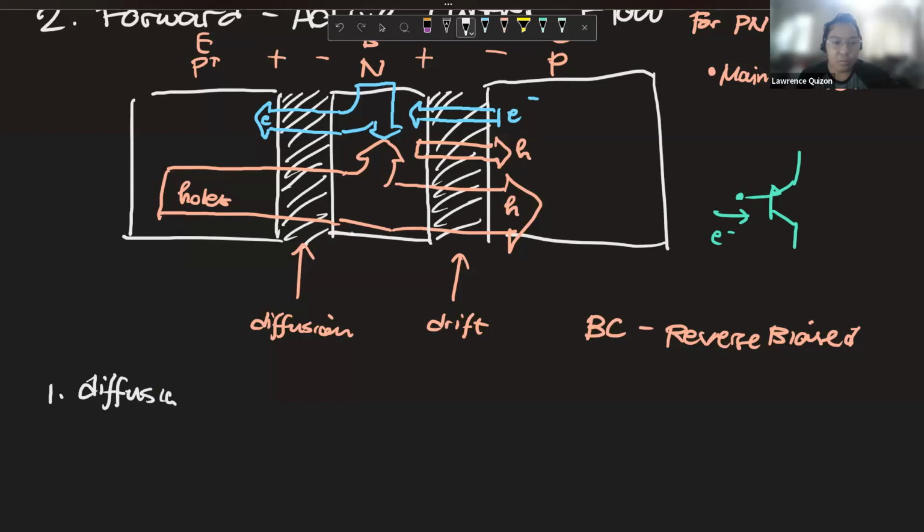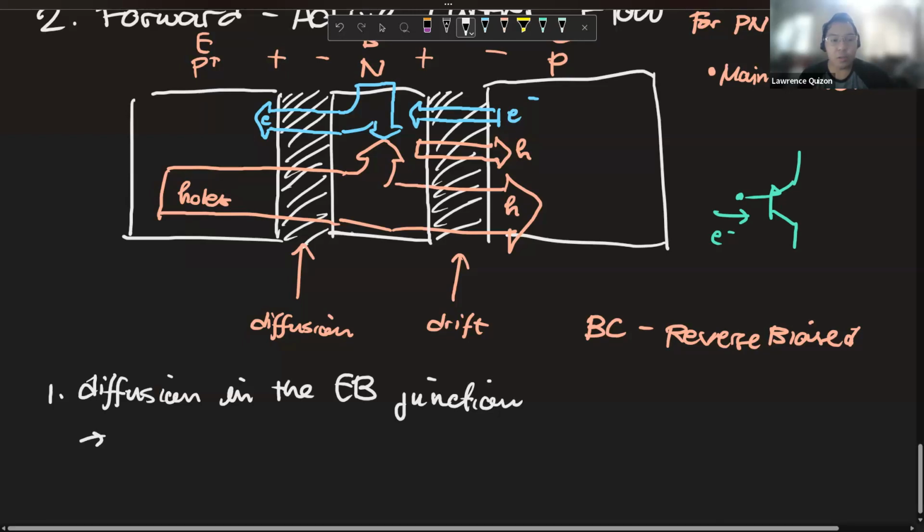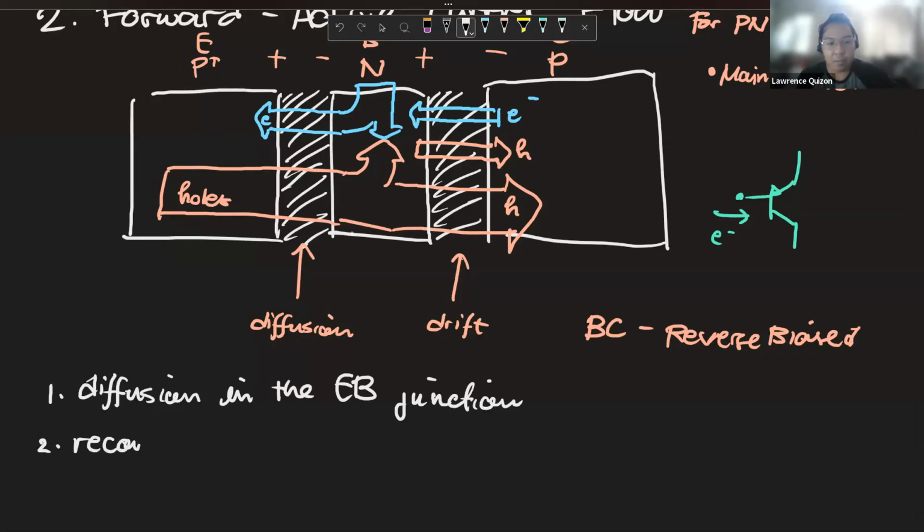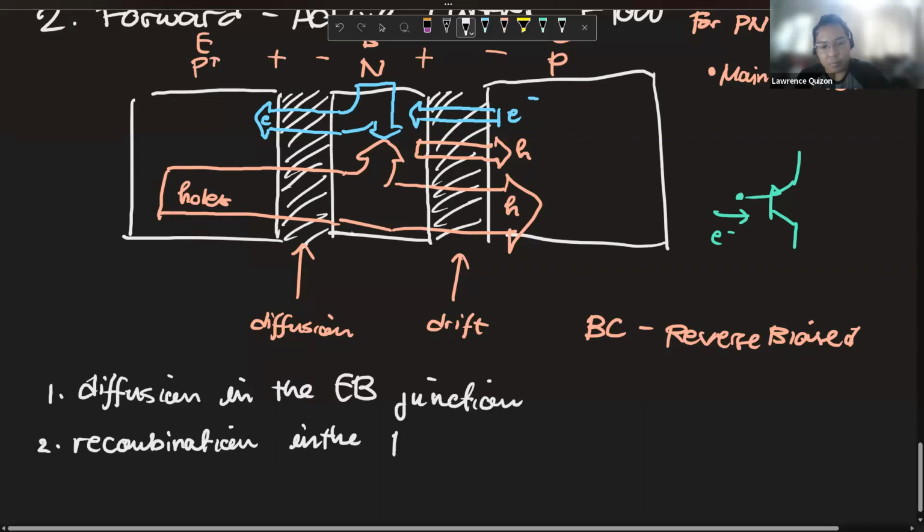We have diffusion in the EB junction. These are your two arrows up here, no? We have recombination in the base.